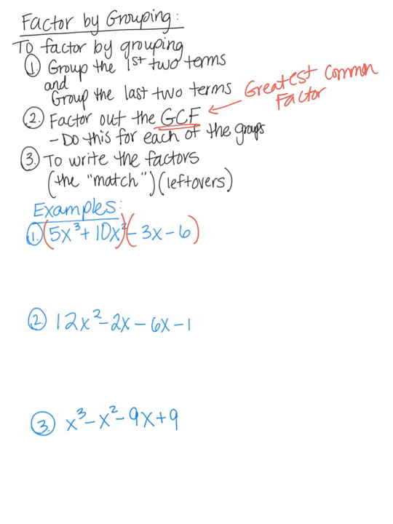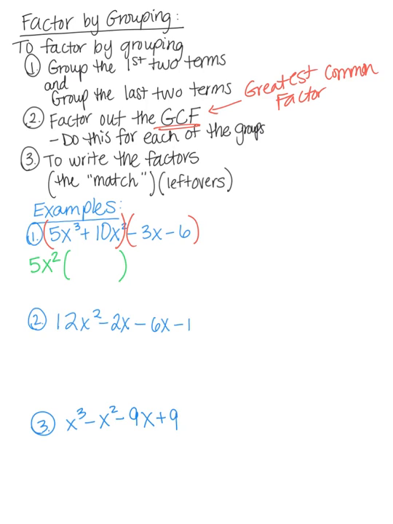So I need to find the GCF of my first 2 terms. Okay, so I look at my 5x cubed and my 10x squared. So they can both have a factor of 5x squared. Okay, that's my greatest common factor. So I'm going to now factor that out.